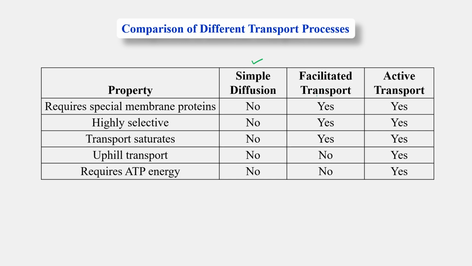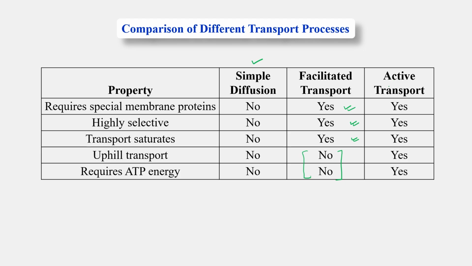While in facilitated diffusion, it requires a specific protein for the movement of molecules. These are highly selective and the transport saturates also. But this again doesn't require any type of ATP molecule. So this is not an uphill transportation. Clear?